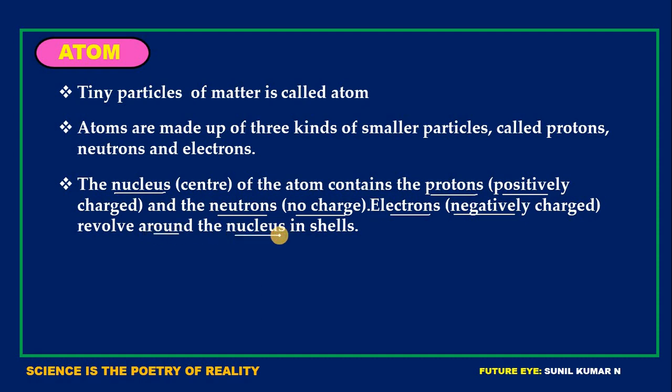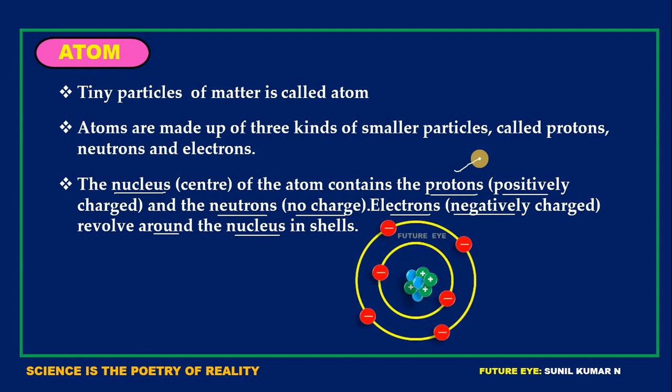It means inside the atom there will be a center. The center we call it as nucleus. Nucleus contains protons. To make you understand this in a better way, let me take a figure here, children. It is a structure of atom. So inside the atom, this we call it as nucleus.